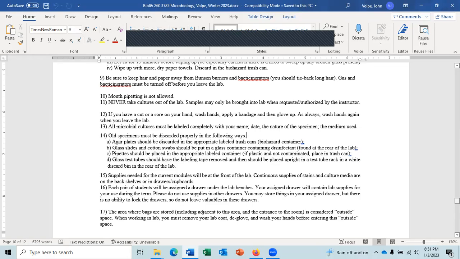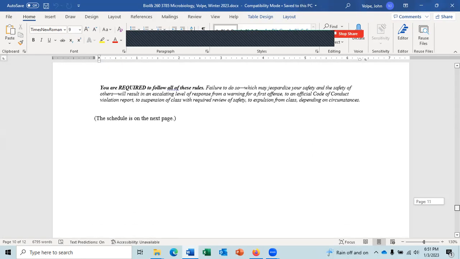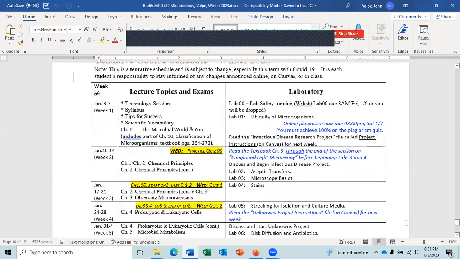All right. So in the syllabus on the right, we have the lab schedule. We're going to be doing lab 0, lab safety training today. On Thursday, we'll be doing lab 01, ubiquity of microorganisms.